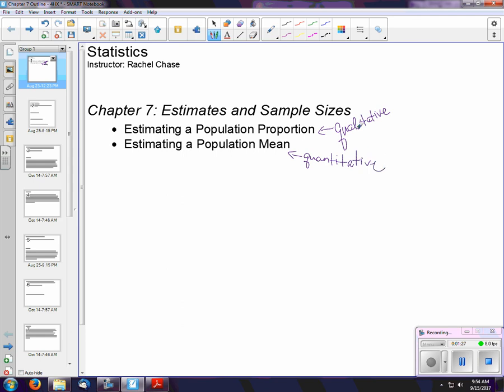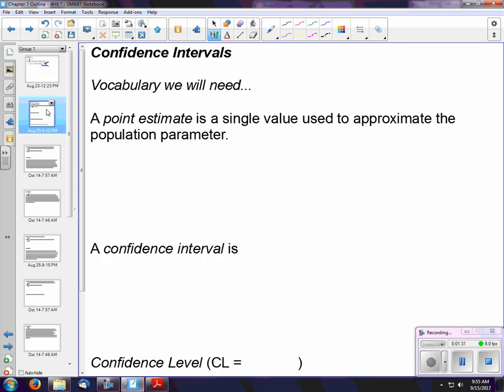So let's go ahead and take a look at some vocabulary, and then the next video will explore actually computing these things. A point estimate is a singular value used to approximate the population parameter. So if you recall from our vocab chapter back in chapter 1, we talked about a parameter being some type of data or statistic about a population. So a point estimate is how we approximate what's going on.